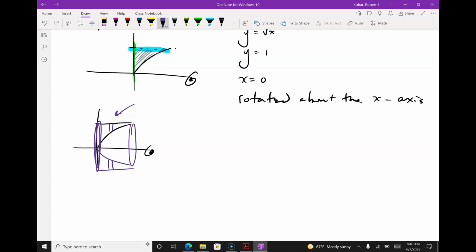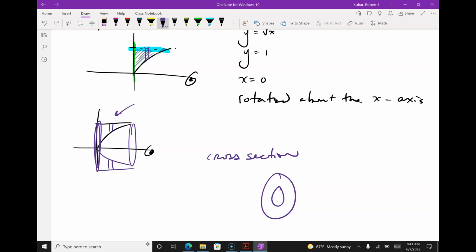If I can see the cross section, I definitely see the disc. Sorry, the washer. So it's that original rectangle that I have to deal with.